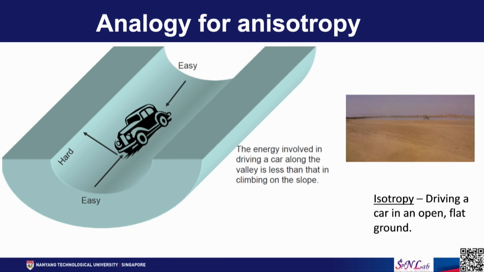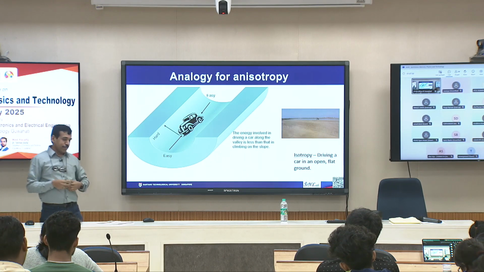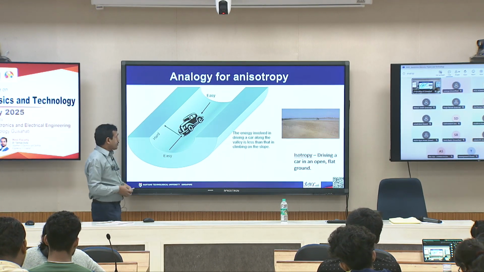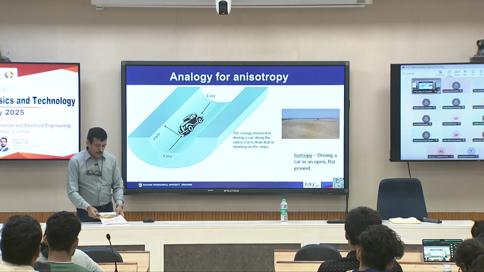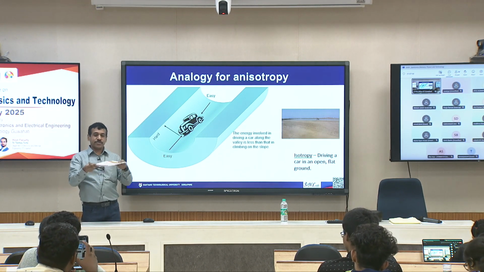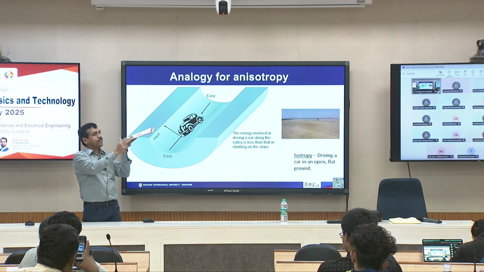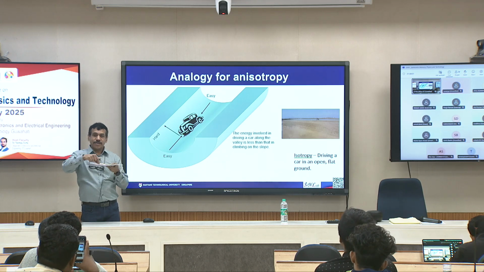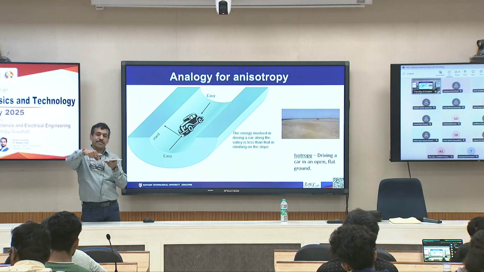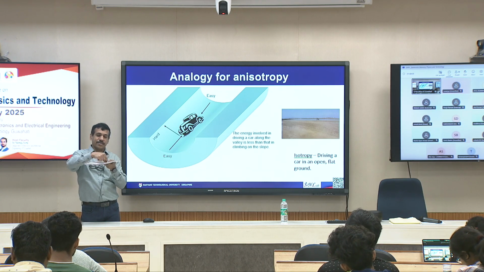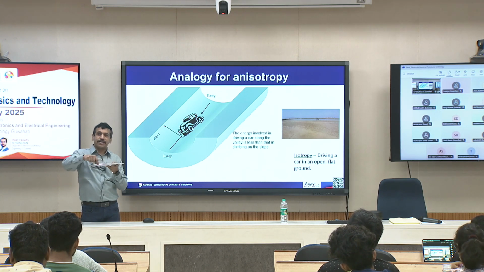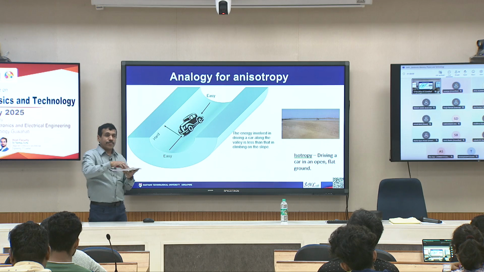Okay. So, let us consider some analogy. I have already described what is anisotropy, but I will try to give this analogy so that you can remember it better. Okay. Let us say you have a huge plateau which has this shape. Okay, it is a plane. Okay, you have a car. So, you try to drive your car along, say, x direction, y direction, any direction, you will find no difference.